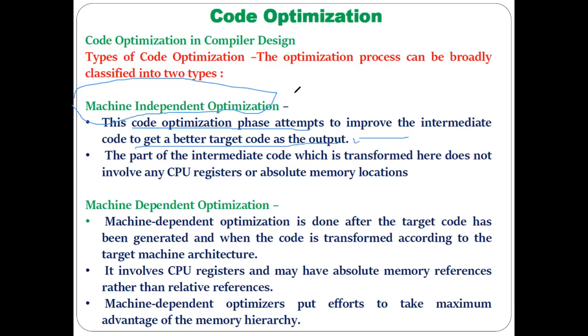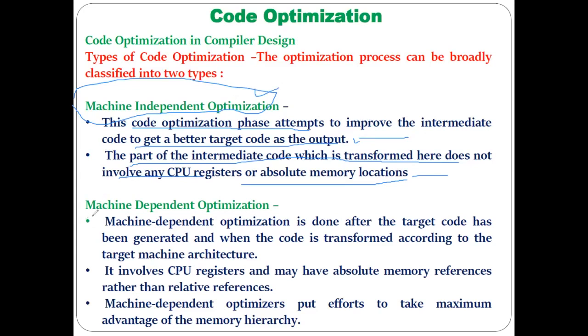The part of the intermediate code that is transformed here does not involve any CPU register, machine instruction, memory locations, or memory references. So we don't have to think about the properties of the machine here. That is the reason this optimization is called machine independent optimization.